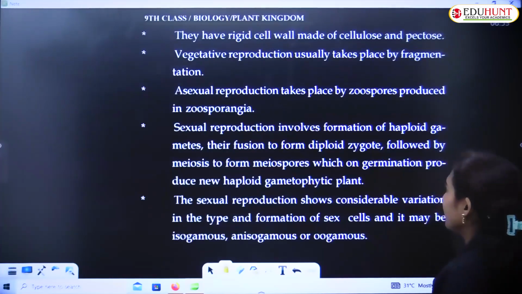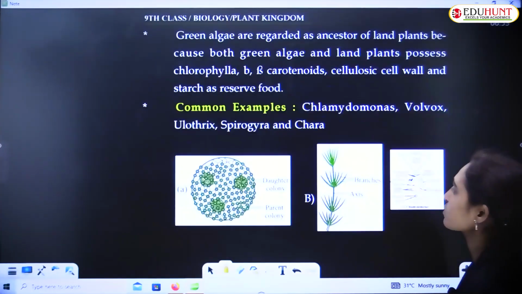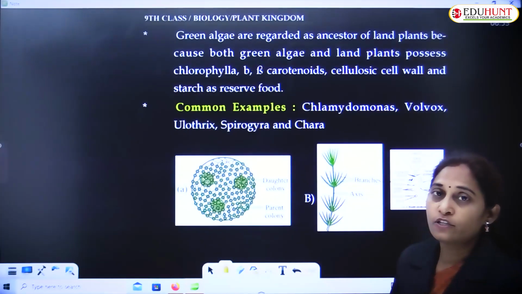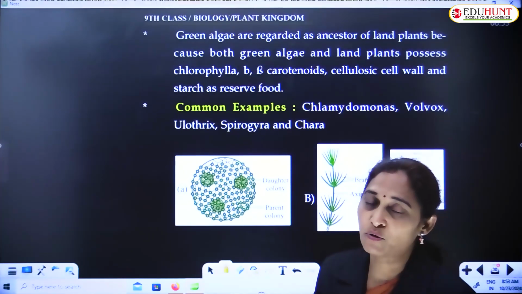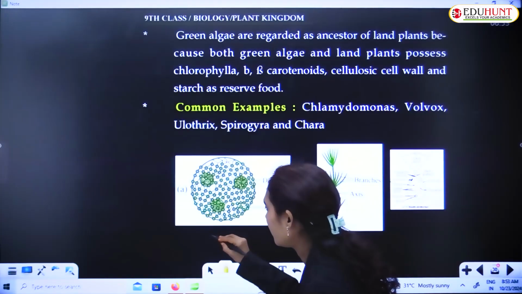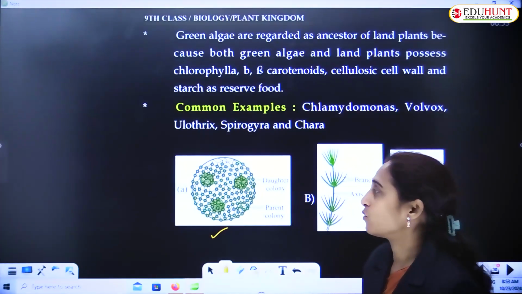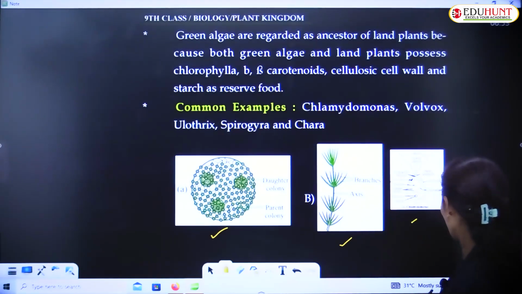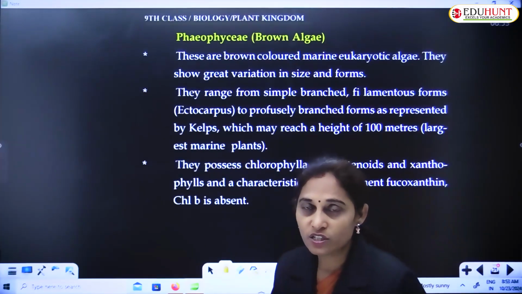Green algae we have finished, that is Chlorophyceae, and we have also seen common examples like the unicellular Chlamydomonas, and the colonial form Volvox. It is Chara and it is Chlamydomonas. These we have discussed in the previous session in detail.